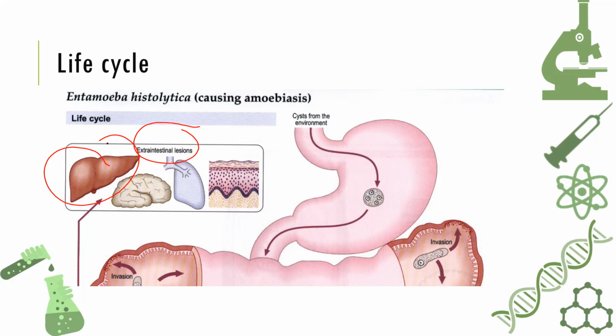Aside from that, brain can also be invaded by our Entamoeba histolytica, meaning to say it is not limited only for being an intestinal parasite because it is also capable of invading other organs in the body. Even your lungs, pulmonary abscess. Our Entamoeba histolytica is also capable of causing pulmonary abscess. Thus, sputum can also be used as what we call sample.